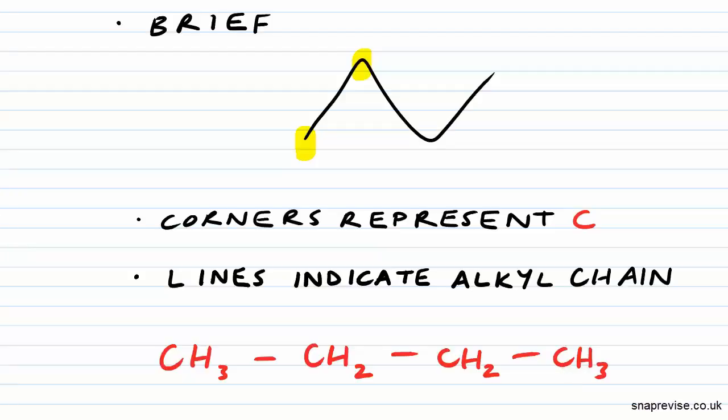If we look, we have a CH3 group here because we have a carbon on the end of an alkyl chain. It's bonded to 3 hydrogens. That's bonded to a CH2 group because it's also got another bond coming off it here. We have another CH2 group and finally a CH3 group. Again, this is our butane molecule.